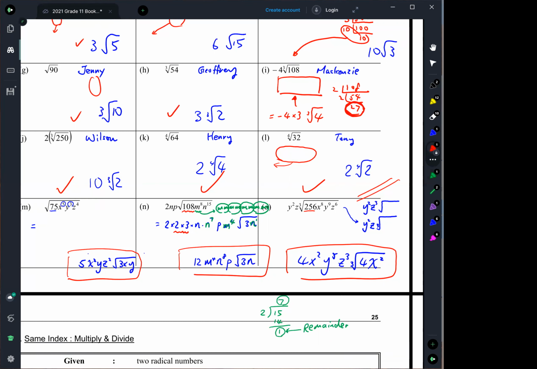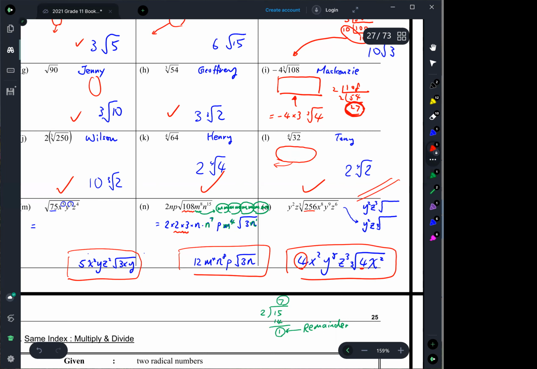Sure. Is 64 a perfect cube? 4 times 4 times 4. So for 64, you can bring the 4 out. That's why we have a 4 at the front, and you have a single 4 inside. Follow so far?